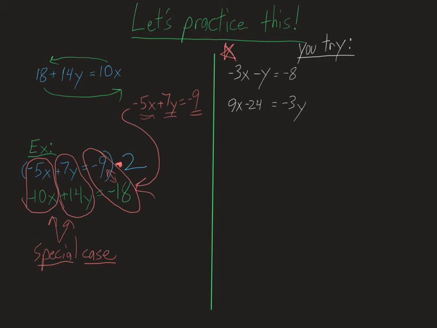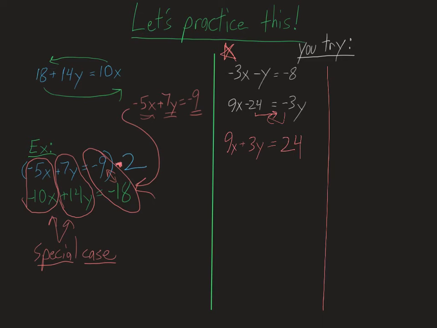All right, I'm going to do this both ways just in case people could use both to look at. I'm going to look at this right now, and if I want to use elimination, I'm going to move this guy over and make him positive 3y. And I'm going to move the negative 24 to the other side and make him positive 24, so it matches the top, and leave that 9x.